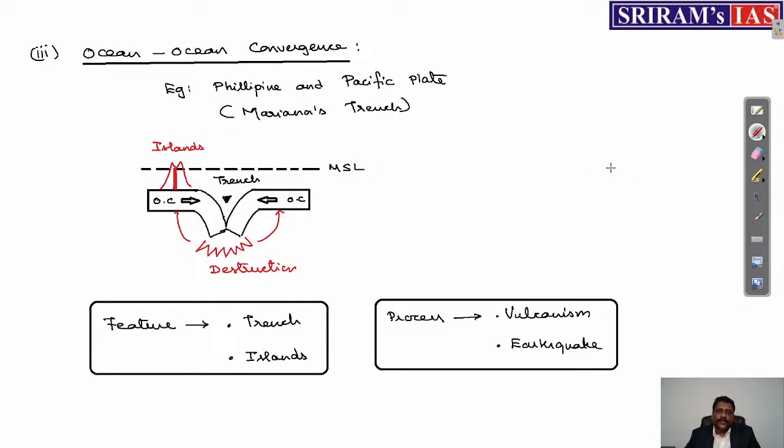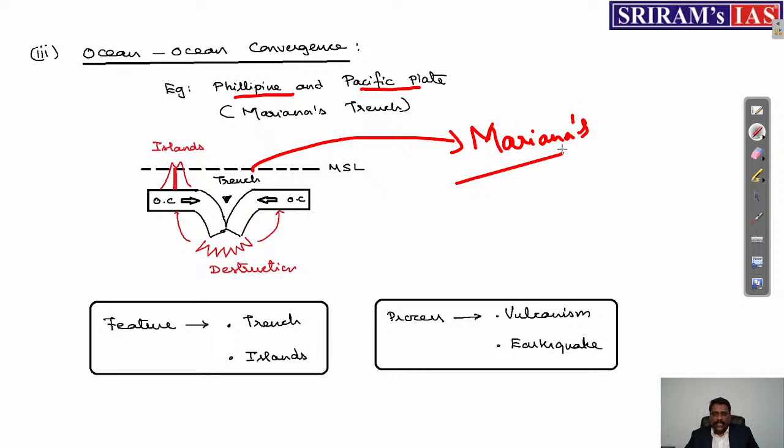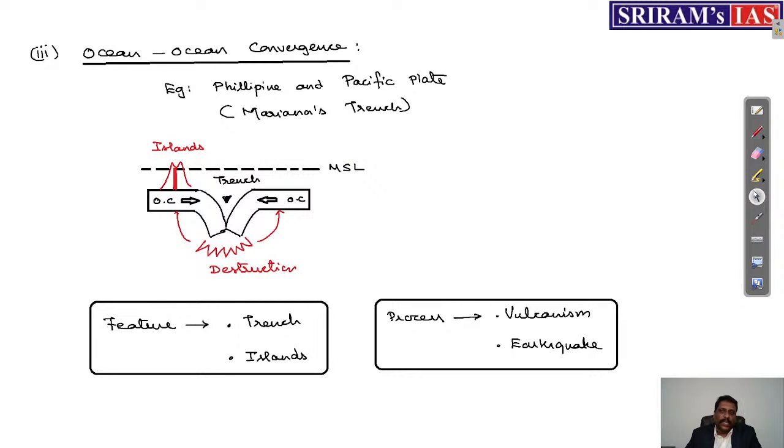And the finest example, where the Philippine plate and Pacific plate are going for a convergence, is the place where you have the deepest trench of the world. And this deepest trench of the world, we call it what? Marianas Trench. This is the place where the deepest trench of the world is located.